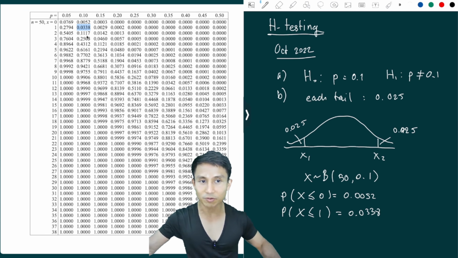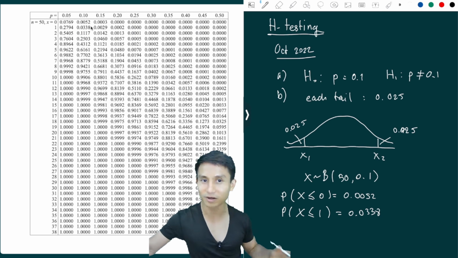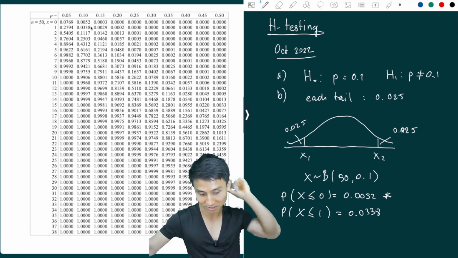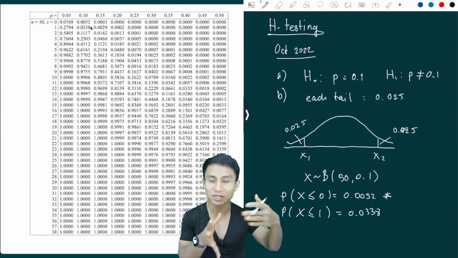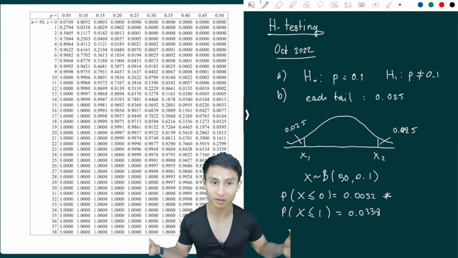Now we stop here because if we keep going, the probability will only increase. We want just the one that starts to be smaller than 0.025. So this is our candidate, because the other one is greater.